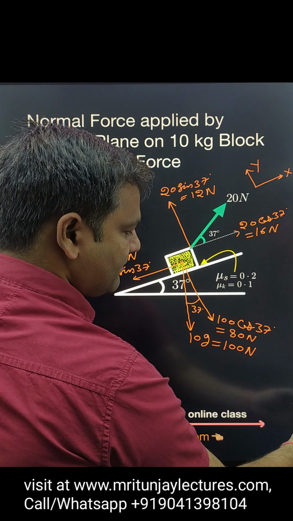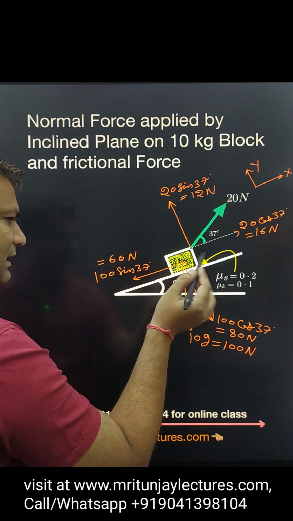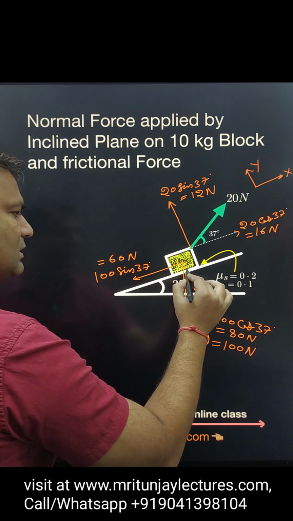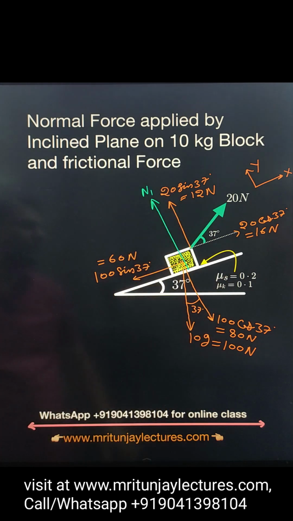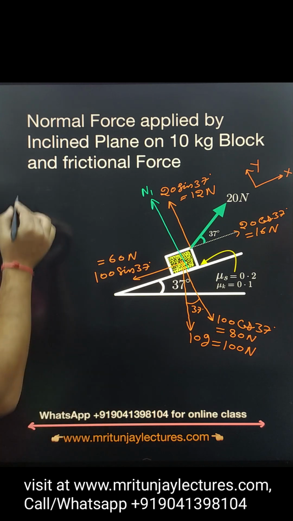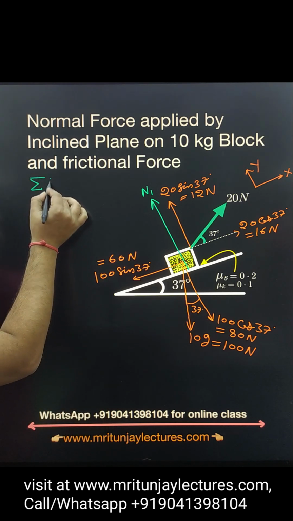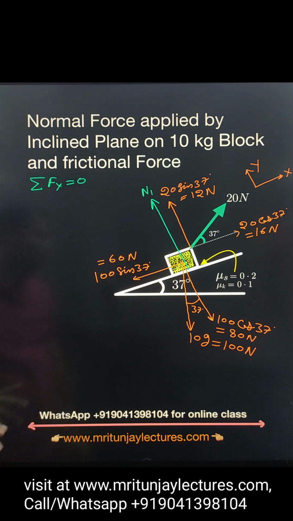After that, look here, the normal force applied by the inclined plane on the block is always perpendicular to the plane, that is N1. Okay, so first of all, the net force in the y direction is 0, because why?